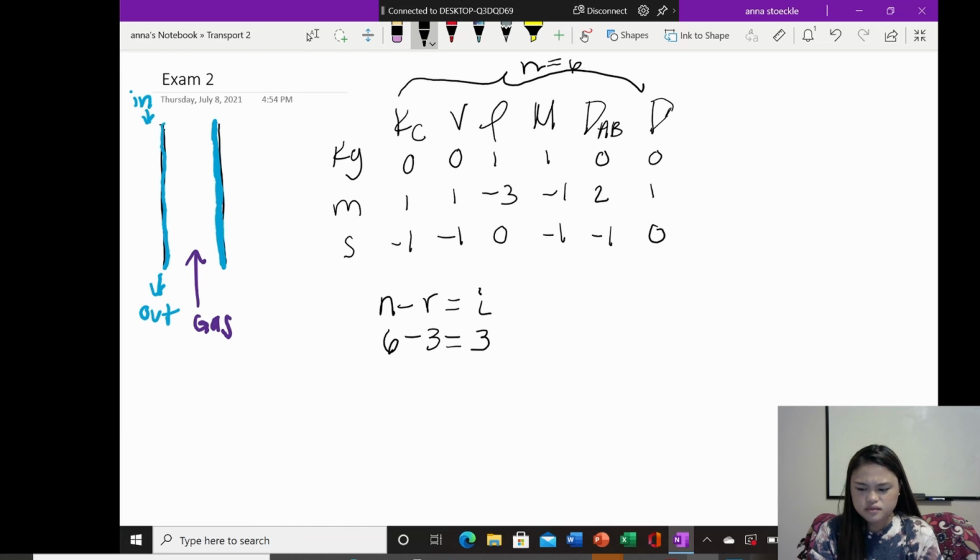So this rank 3 represents these 3 dimensionless groups, and so we're going to have 3 expressions: pi 1, pi 2, and pi 3.